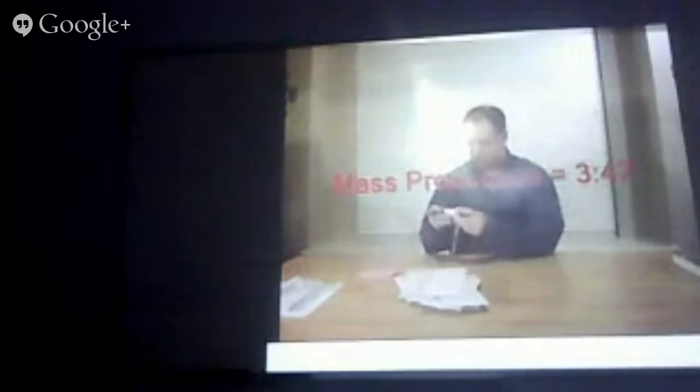So we got about 3 minutes and about 47 seconds. That's the normal speed. Fold one, stuff it, seal it, stamp it.